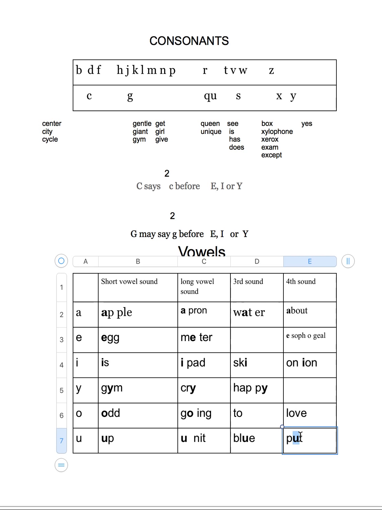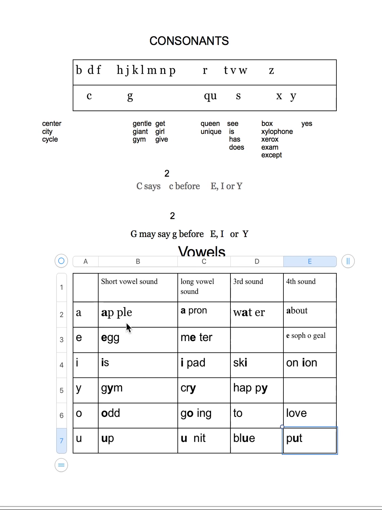And the short sound: put, push, pull. Put your foot down. The oo and the short oo are the extra sounds: oo like in two, oo like in blue, and oo like in put.